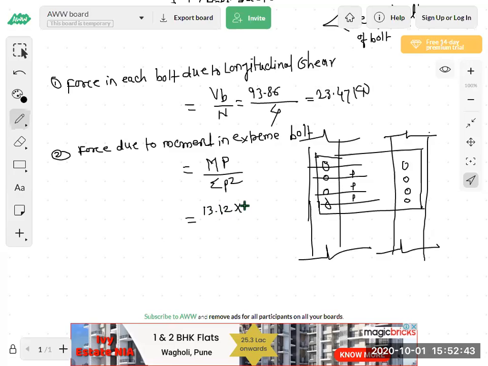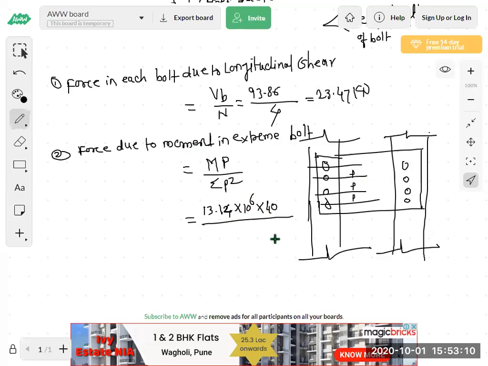13.14 into 10 raised to 6 into here pitch. So how much pitch distance is there? 40 mm, divided by summation of pitch.